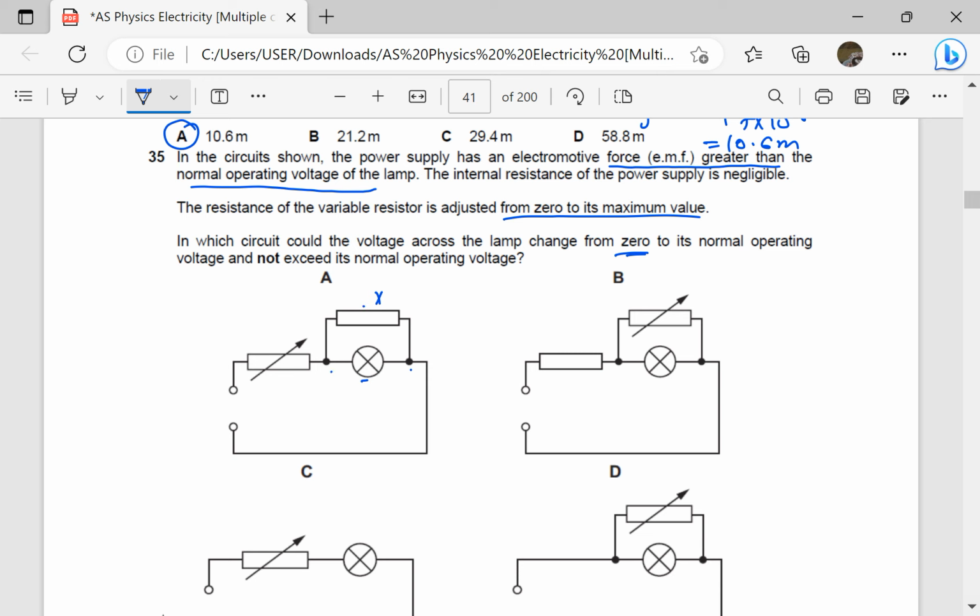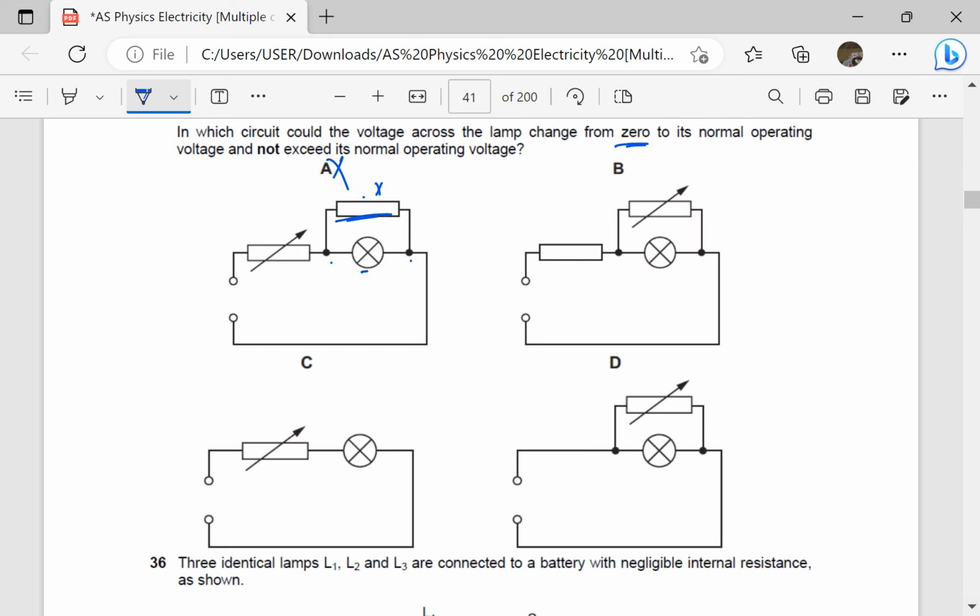So the PD across the lamp will never go below 0, because the resistance of this can never be 0. So A is not going to be correct. We want the PD across the lamp to change from 0 to its normal operating voltage. Here it will never be 0 because the fixed resistor has some resistance, so its PD can never be 0 if there is a current flowing.